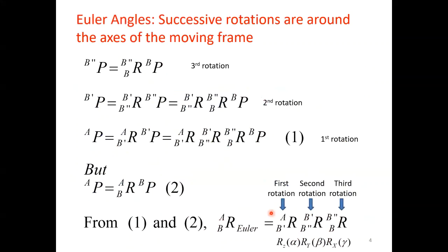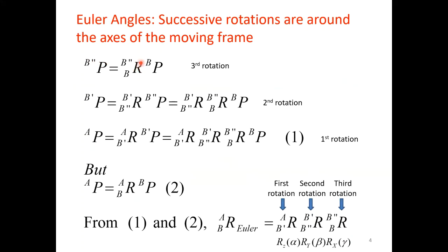Now, you can explain the same thing we just saw in a more elaborate way like this. If there's a vector that belongs to B, we'll call it BP. How do you write this vector with respect to B', the immediate preceding coordinate frame?